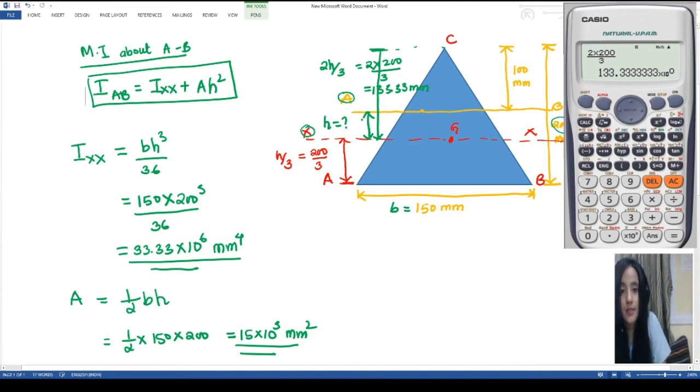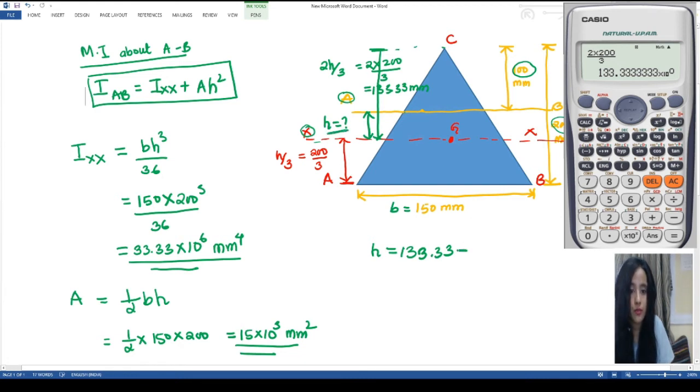So if I find the distance, my h will be equal to, from this point till here it is 133.33. Now from this AB axis another height is given, which is 100 mm. So if we find the difference of these two heights, we get this h here, right?